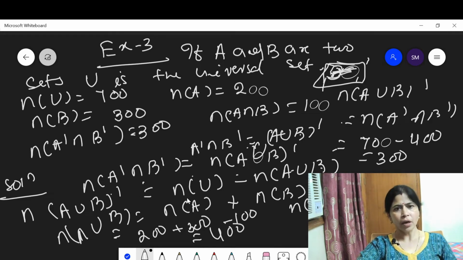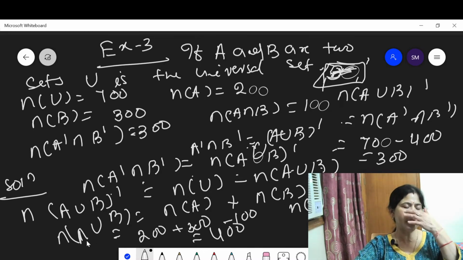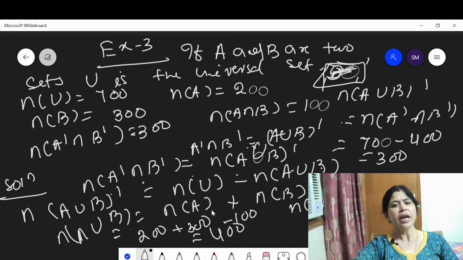Then here the universal set minus A union B. Here A union B, we know that n of A union B is n of A plus n of B minus n of A intersection B. We know that n of A is equal to 200, n of B is equal to 300, minus n of A intersection B 100, we get this is 400.